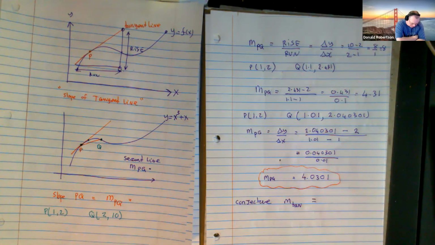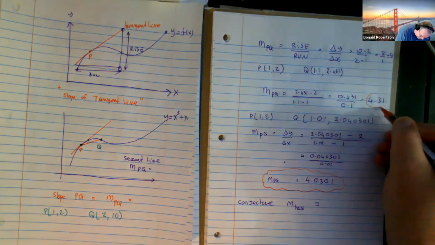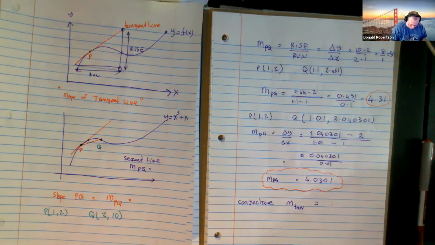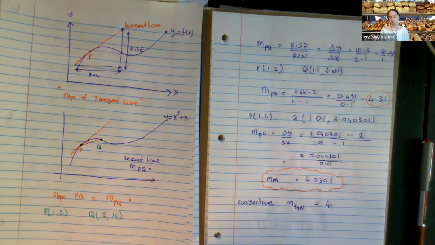What would be your best guess for the exact value of the slope of this tangent line? Any takers? That guy? That guy? Who's this guy? I would say closer to 4. Yeah. Would that seem reasonable?